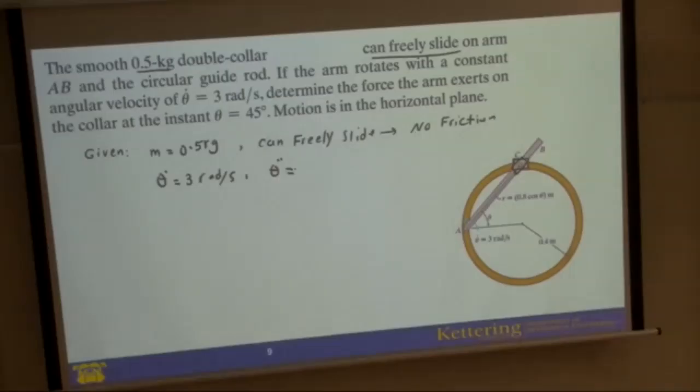How much will be theta double dot if theta dot is constant and it is 3 radian per second? Yes, 0. It is 0 radian per second squared.